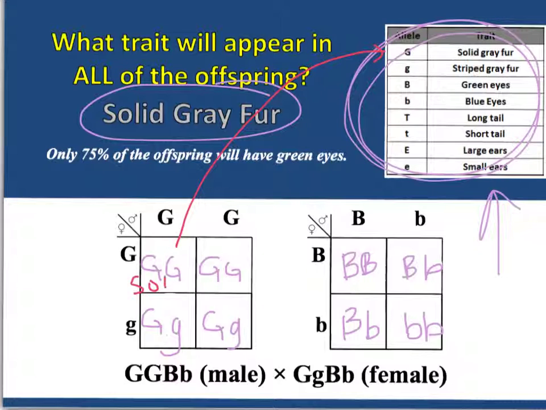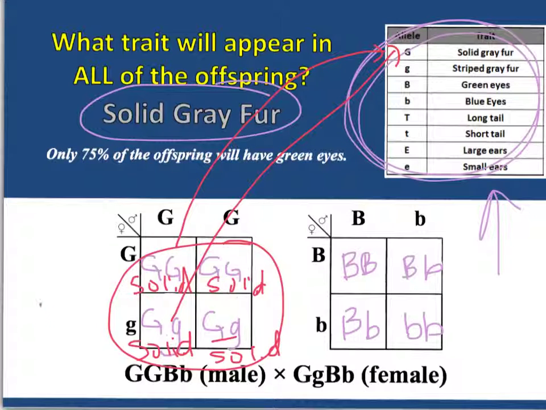I'm going to put solid. This one also is a big G, so this one is solid. Next box, big G, little g, you have solid. And the last one is solid. So you can see all of them have solid gray fur.